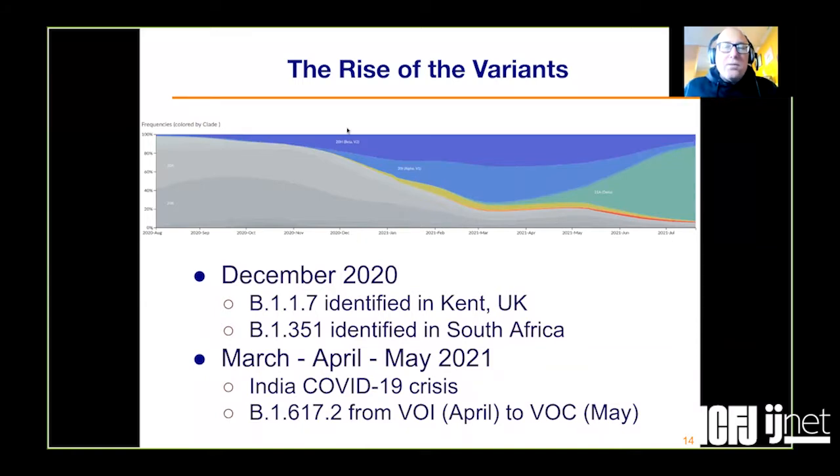But here, in December, we have two announcements from Public Health England in the UK and from the group at CRISP in South Africa, where they identify what, as I said, was called B.1.1.7. This is Alpha in the new naming scheme, and B.1.351. And these have mutations in that core part of the spike, the part that's clicking onto the cell, okay?